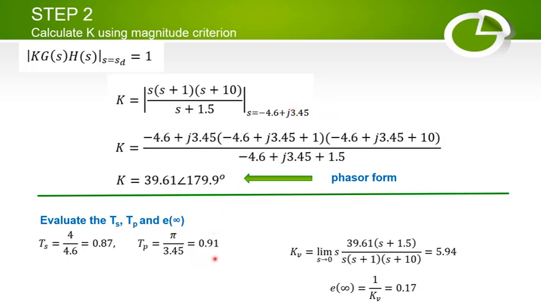You will get 0.91. For the steady state error, since the system is a type 1 system, you have to calculate Kv using its equation, noting that I have substituted the calculated value of K from here into the Kv equation, and then we will get 5.94. The steady state error is equal to 1 over Kv, and you should get a steady state error of 0.17.